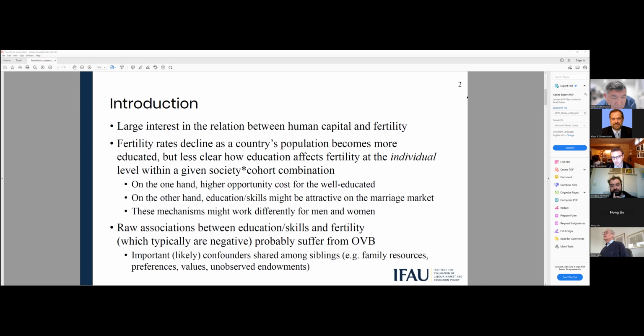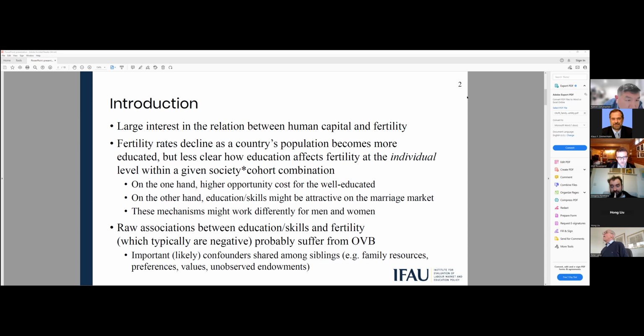So that would lead to a negative association. On the other hand, education and skills might be something that is attractive on the marriage market, and that can then increase the possibilities of having children. And it might be the case that these mechanisms work differently for men and women.